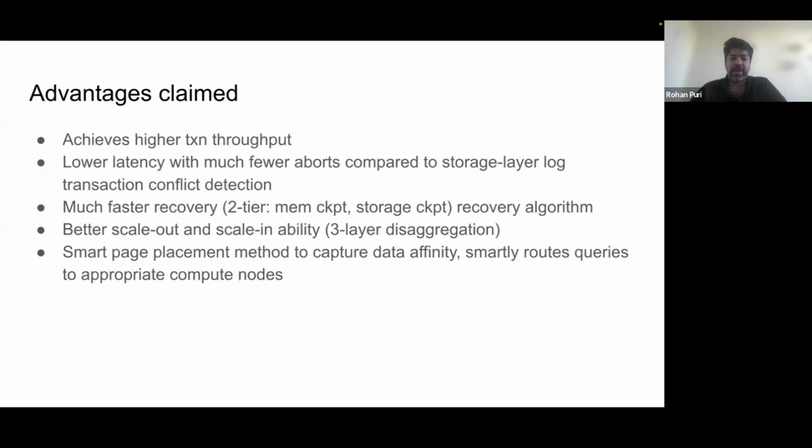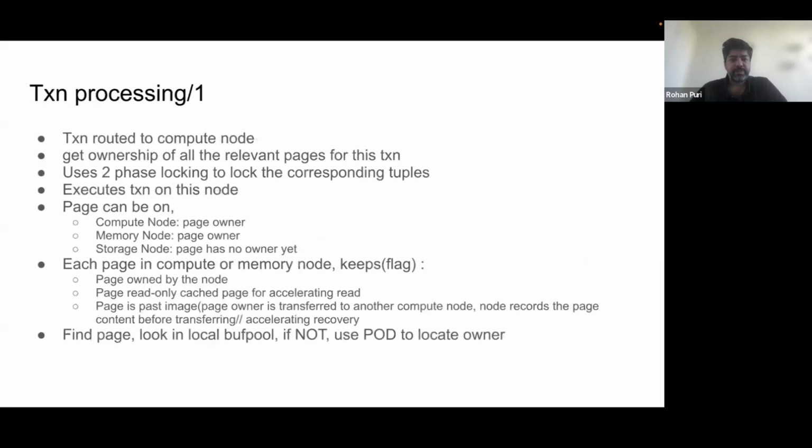They were better at scale-out and scale-in because of three-layer disaggregation. And because of the smart placement method, they were able to capture data affinity and route the queries to the appropriate compute nodes for fewer conflicts and movements of page ownership.